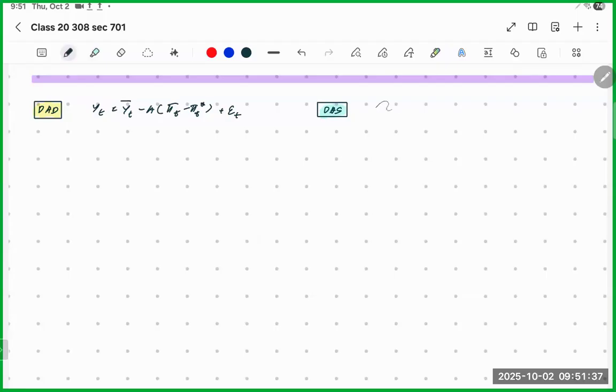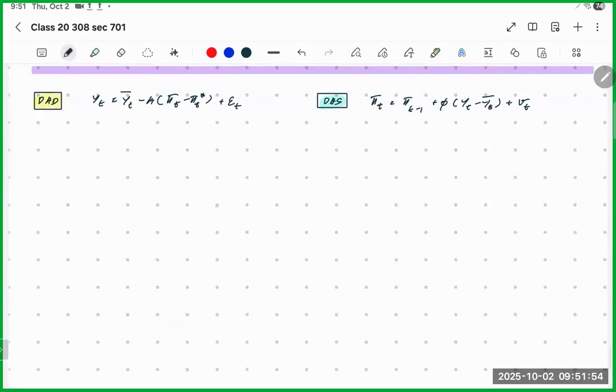Which means pi T equals pi T minus 1 plus phi times YT minus YT bar plus VT. Then, let's draw the graph first.